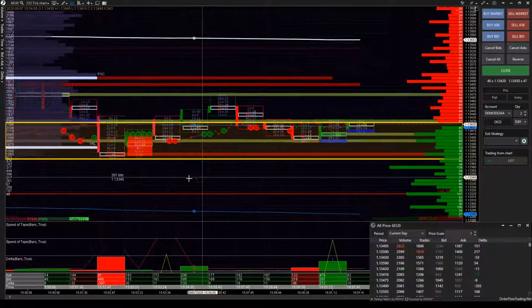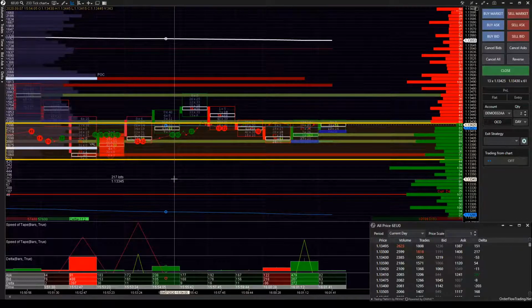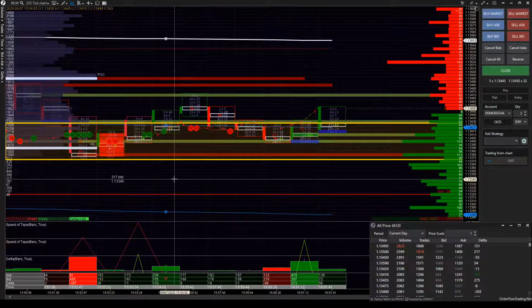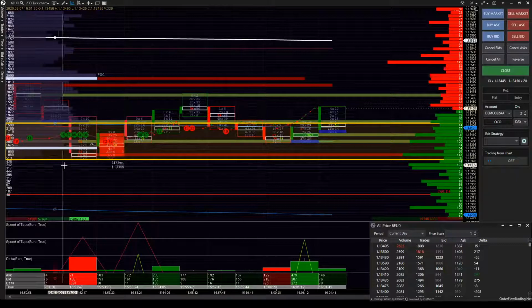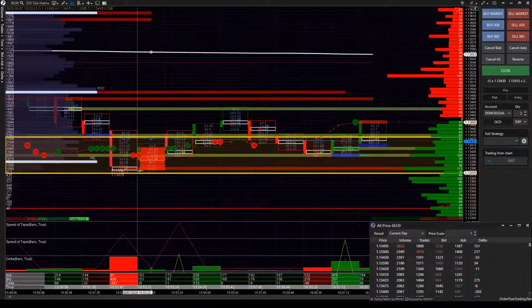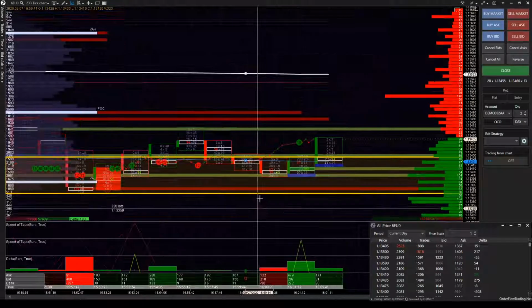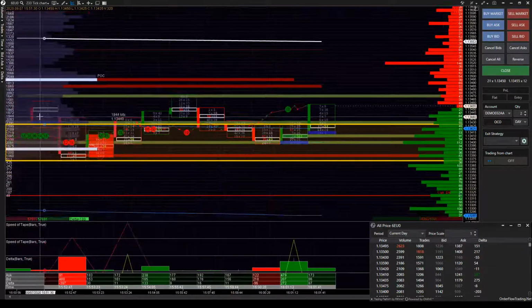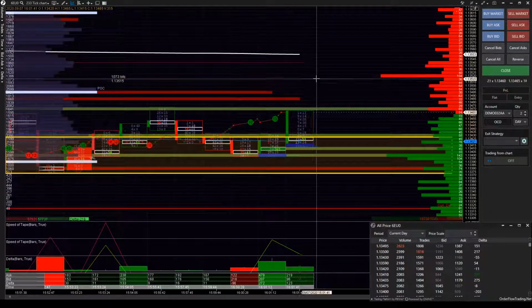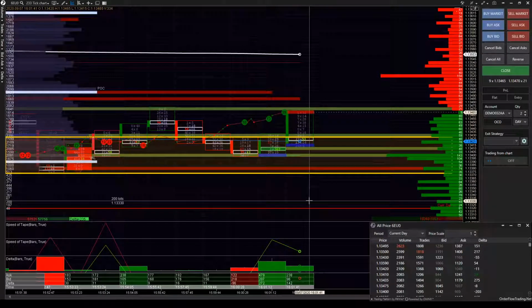Remember that the strong hands, the banks, the huge funds, they lose as well, right? They don't only win all the time. And when they fight against another big hand, this is what happens. You can see a lot of sellers, a lot of buyers, practically in the same spot. We can see how the price is moving up right now.